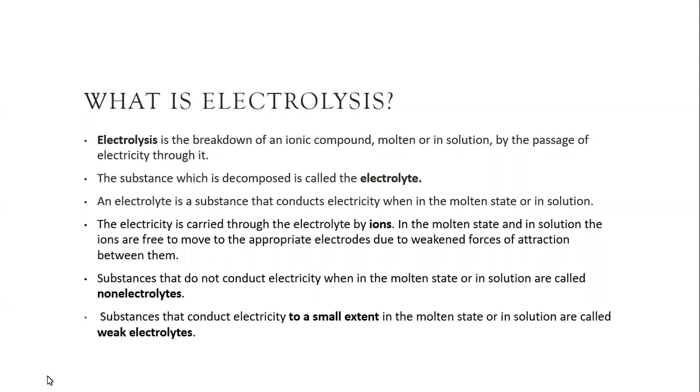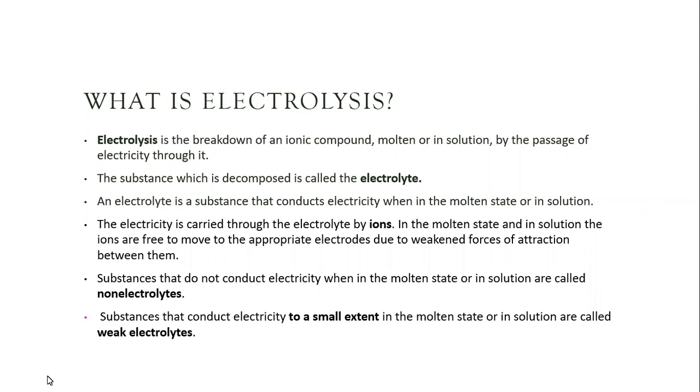Any substance that can conduct electricity in a liquid or molten state is automatically going to be known as an electrolyte. Substances that cannot conduct electricity, like compounds that are covalently bonded, we call non-electrolytes.